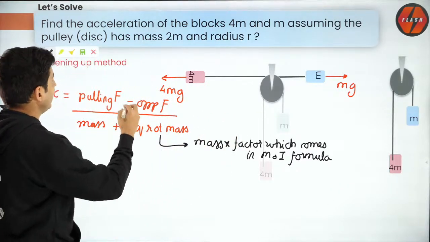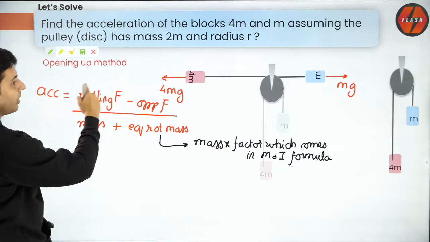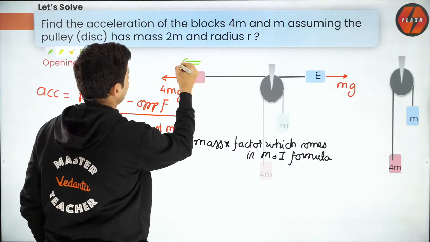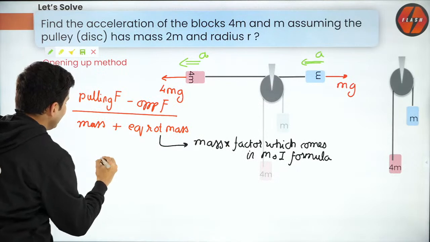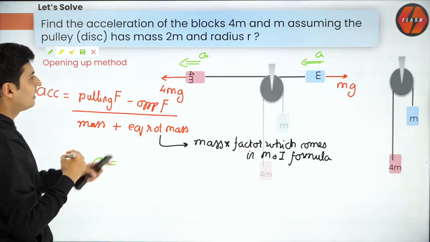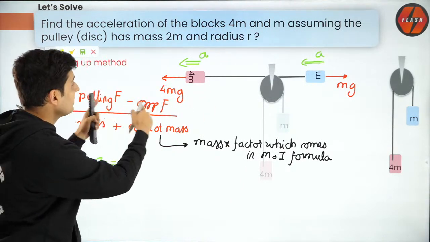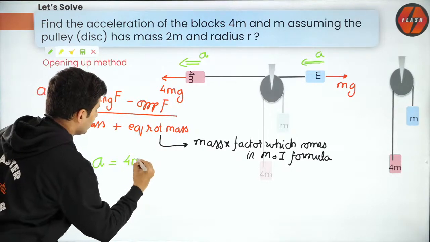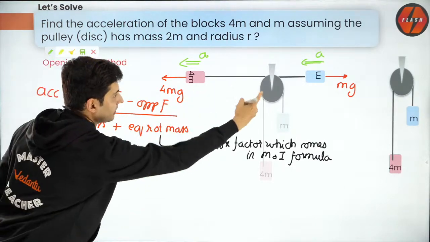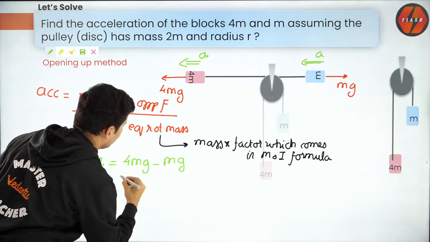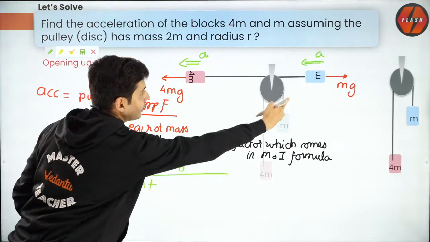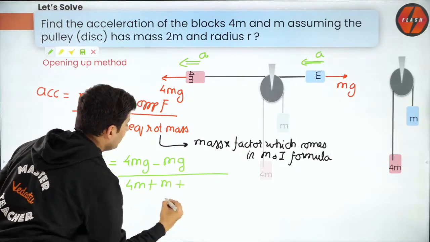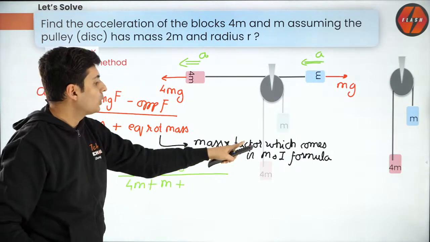So if I had to use this formula to find their acceleration, the value of the acceleration will be pulling force, which is 4 mg, minus opposing force mg, upon total mass: 4m plus m plus the equivalent rotational mass.